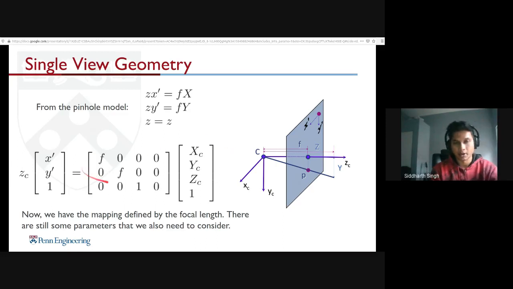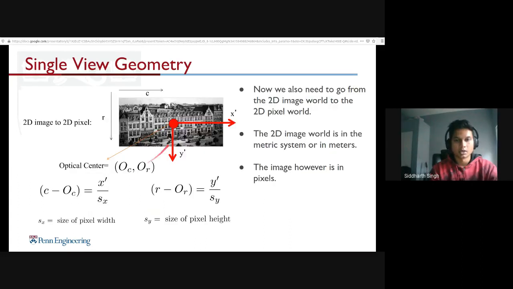Even if we do, it's just a matter of changing them here, right? Now, this is one component. Then we know that in the image plane, we work in the image plane, but in the world frame, we work in the world frame. So there's a difference in the units of measurements in the world and the units of measurements in the image. So we also need to take care of that.